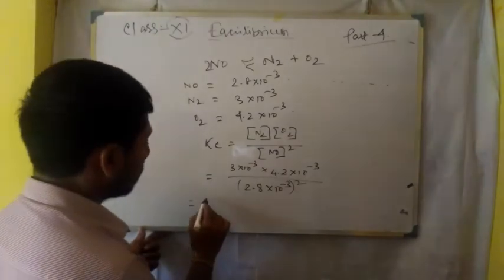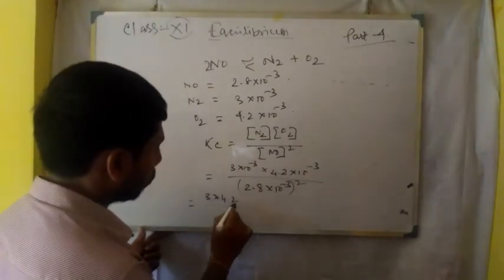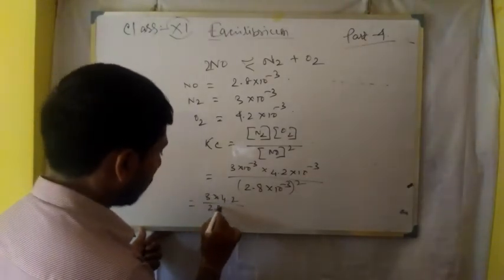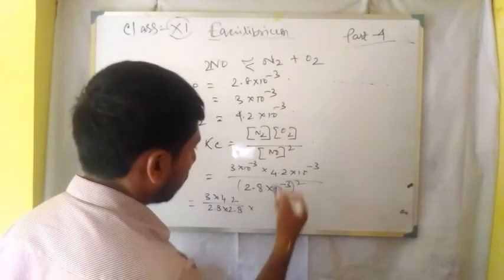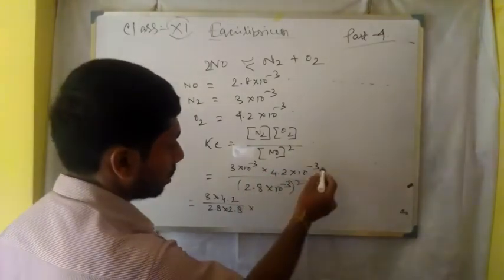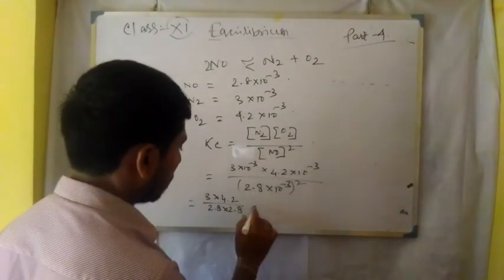Now calculating, 3 into 4.2 divided by 2.8 into 2.8, and the other portion is cancelled out because it is 10 to the power minus 6 in both.